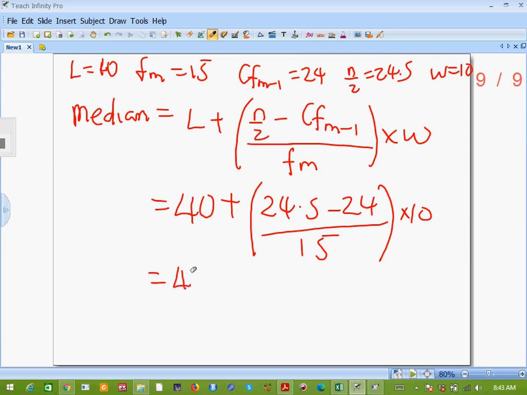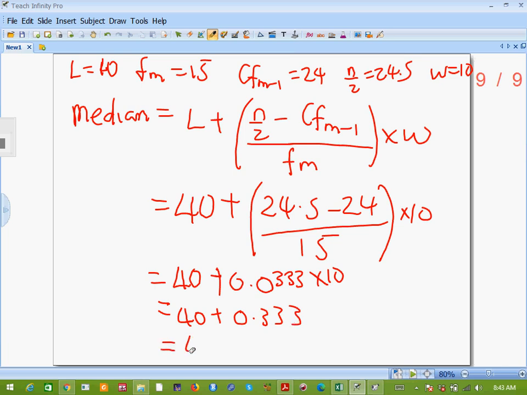Gives us 40 plus 0.0333 times 10, 40 plus 0.33. This gives us 40.33. Okay, so that is our median.